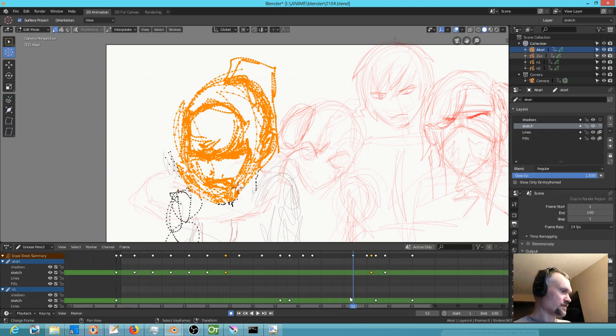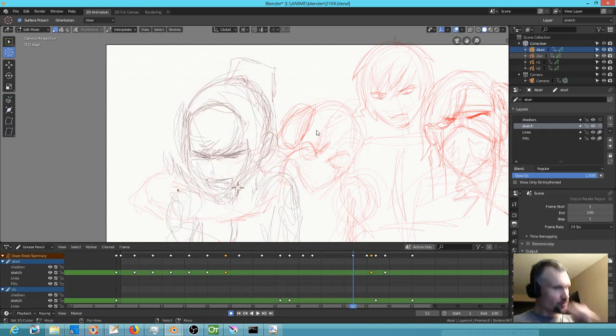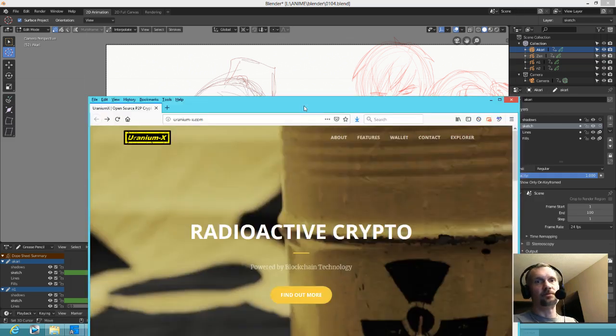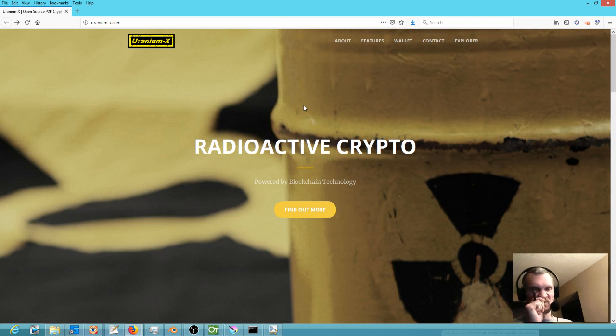Baxter has a cryptocurrency called Uranium X, okay? And actually, this is it right here, as a matter of fact. Boom. Okay, why the heck are you actually acting so stupid? Okay, so Uranium X, radioactive crypto.